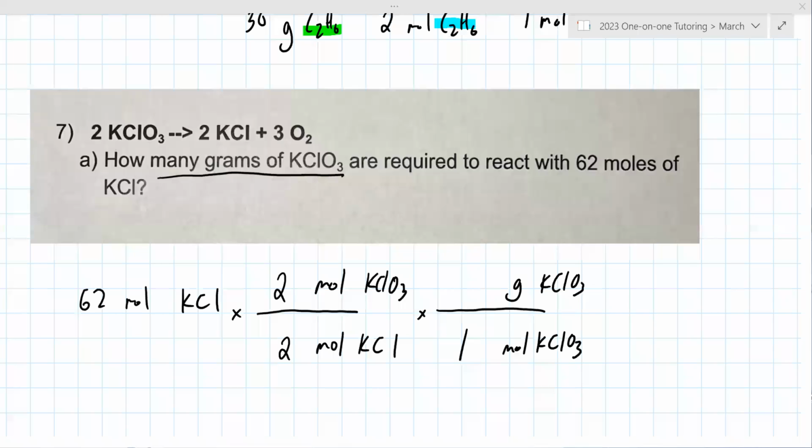And then it's always going to be 1 mole in this bottom right corner. Okay, and then with this one, we just use the periodic table.